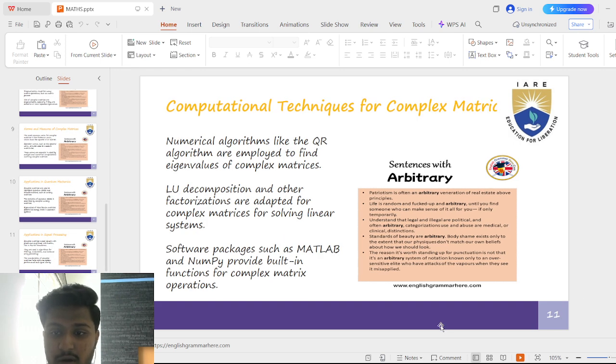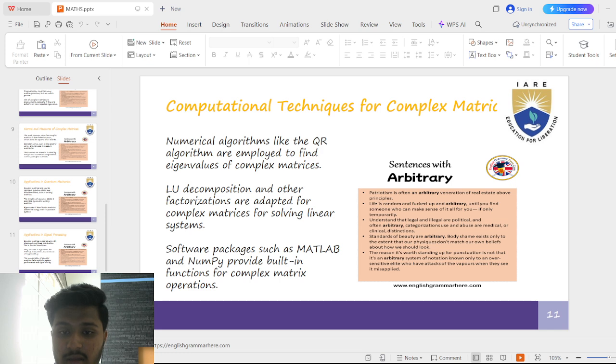Computational techniques for complex matrices. Finding eigenvalues: special methods like the QR algorithm help compute eigenvalues of complex matrices. Eigenvalues tell us important properties about the matrix. Solving linear systems: methods like LU decomposition, breaking a matrix into simpler pieces, are used with complex matrices to solve equations efficiently.